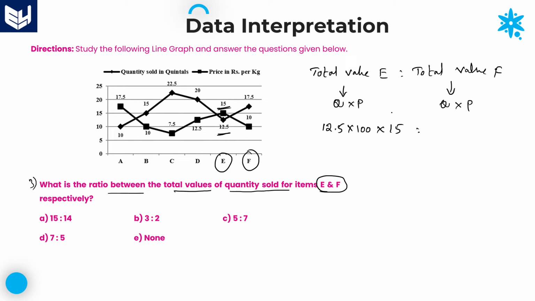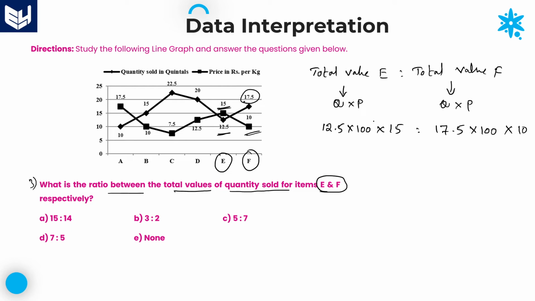Don't multiply the value initially. And next, the total value of item F: quantity is 17.5 quintals. You just convert into kgs by multiplying by 100. After that, the price is given as 10 rupees.